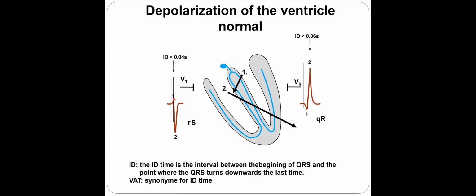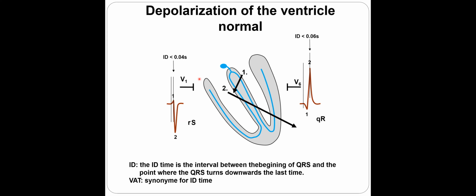Whenever we have an impulse coming toward the electrode, activating the muscle under the electrode, that is always positive. However, when the area under the electrode is activated, everything goes away. This is the time needed to activate the area under the electrode. That's called the ventricular activation time.